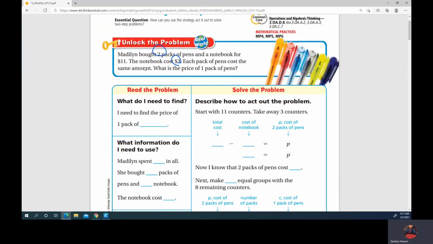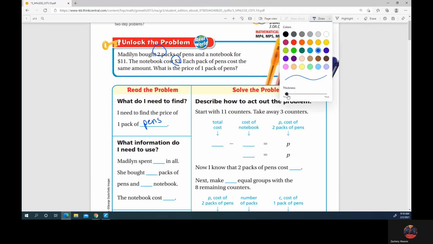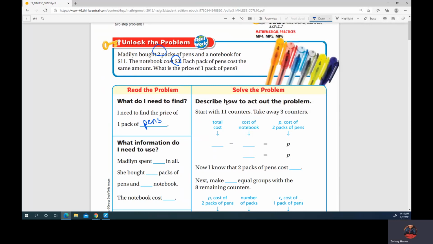Each pack of pens costs the same amount. What is the price of 1 pack of pens? So first off, what do we need to find? I need to find the price of 1 pack of pens.